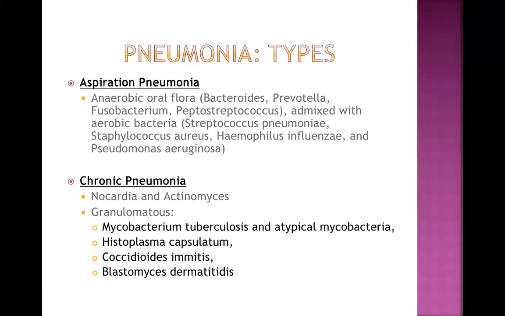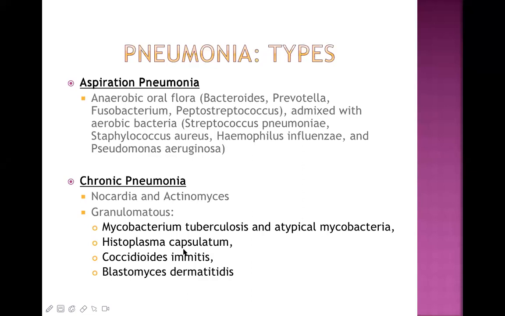The atypical mycobacteria, I'm not sure whether you have studied this before, are like Mycobacterium kansasii, Mycobacterium scrofulaceum, Mycobacterium marinum, Mycobacterium avium intracellulare. These are the different examples. These are called atypical mycobacteria, and the disease is called atypical mycobacterial infection. So these are granulomatous diseases.